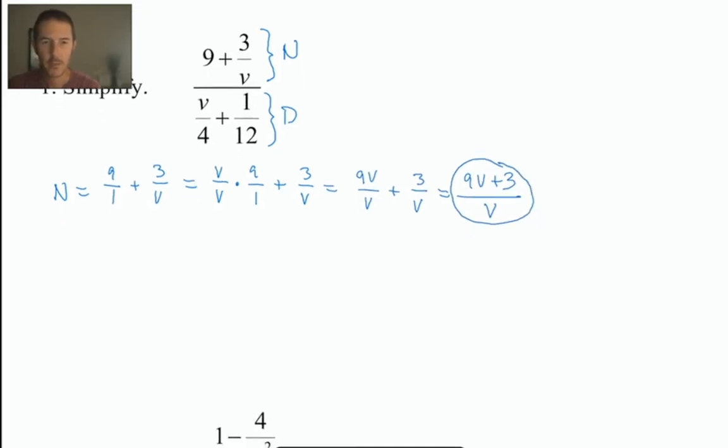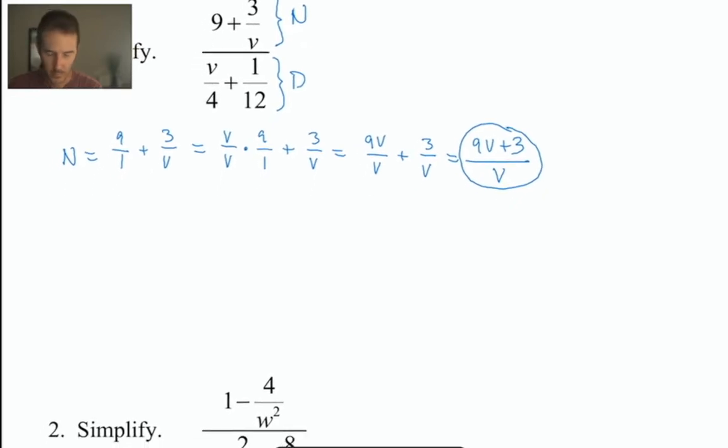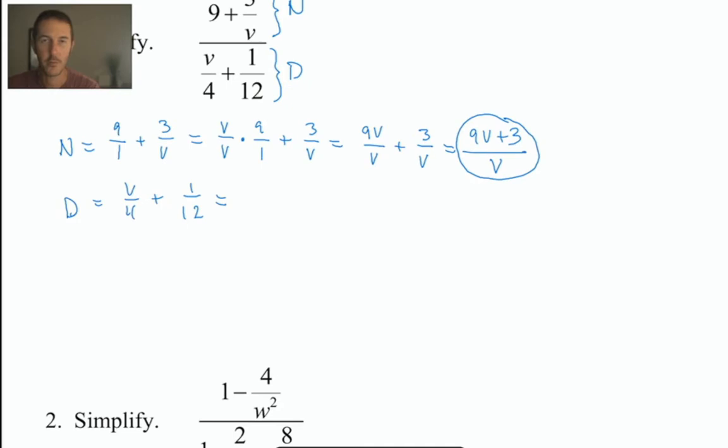Let's move now into the big denominator. That is equal to v over 4 plus 1 over 12. The common denominator here is 12, so we'll use my favorite trick again. We're going to multiply by 1. This time, the number 1 is going to look like 3 over 3.